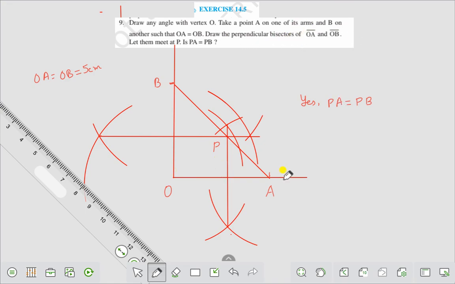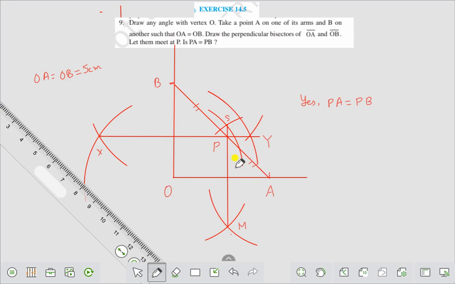You have drawn the perpendicular bisector SM, and the perpendicular bisector of OB is XY, right? These are the perpendicular bisectors and they meet at the point P. Is PA equal to PB? Yes, by measurement we find that PB is equal to PA.